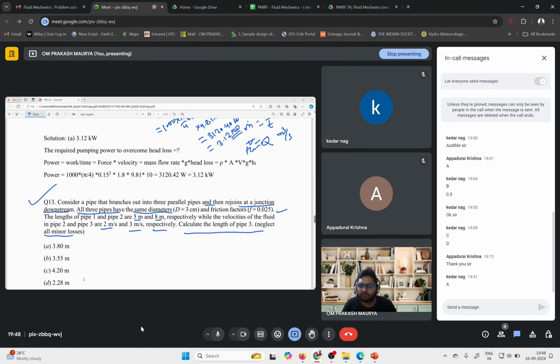Velocities are given for 2 and 3. The diameter is equal for all, so the area of cross section will be equal for all pipes. The friction factor is also given, 0.025.